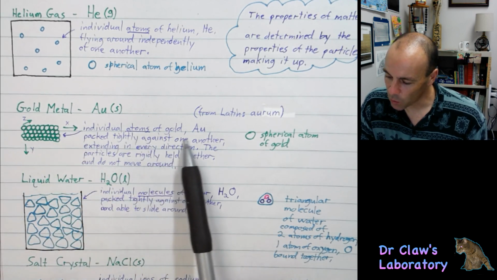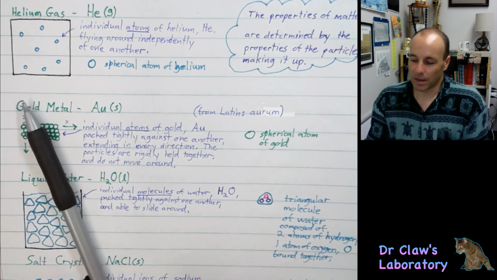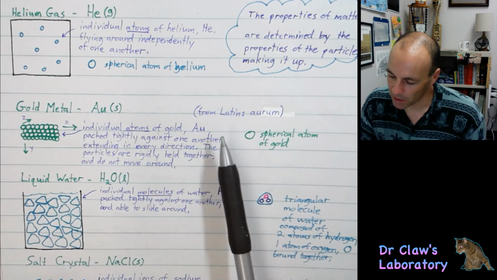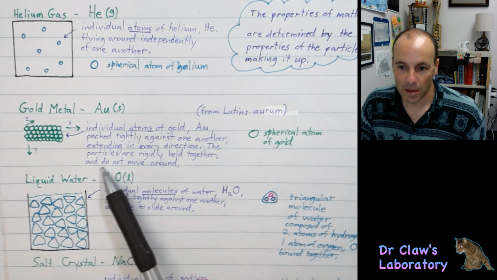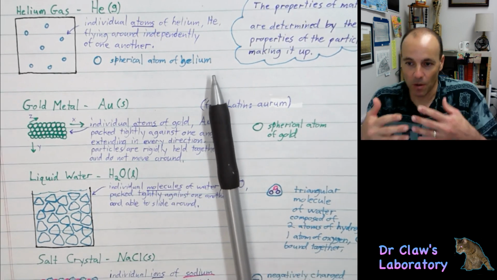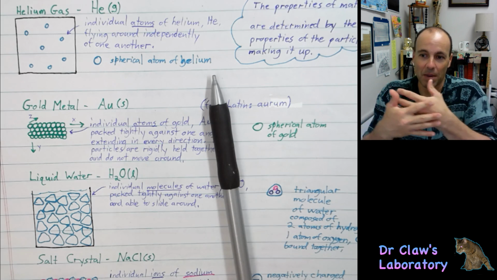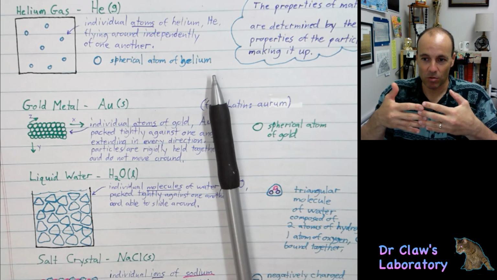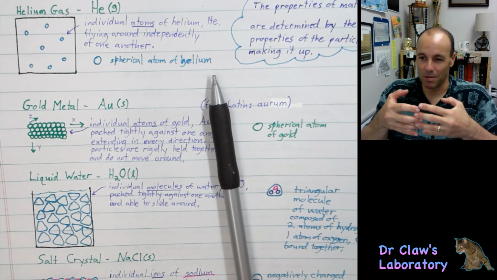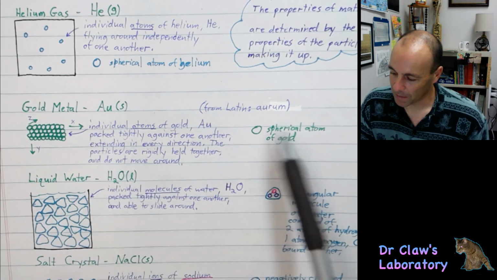They're packed against one another, and they extend in all directions like a three-dimensional solid object. So the gold atoms go in all directions, and further, the particles are rigidly held together and do not move around. So they may be vibrating a little bit, but it's not like the atoms are sliding past one another. In a solid phase, the structure is held rigid, and that's because the particles are locked in position, although they are vibrating a little bit. Gold atoms are also spherical.